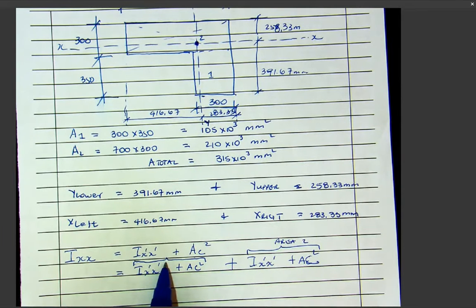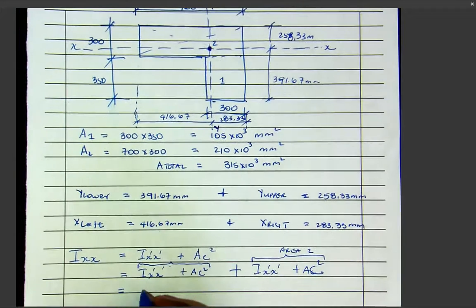This one is for area 1, but I ran out of space first, and this one is for area 2. So what is Ixx? For a rectangular section, I know that Ixx is BD cubed over 12 plus AC squared.